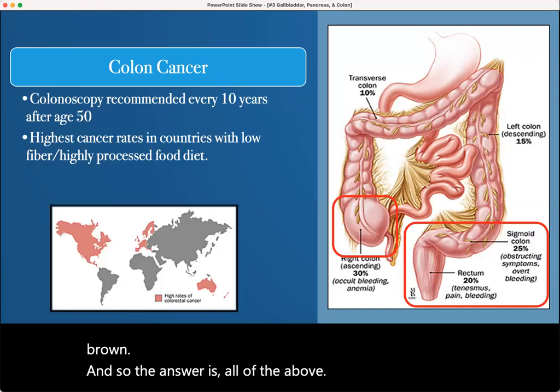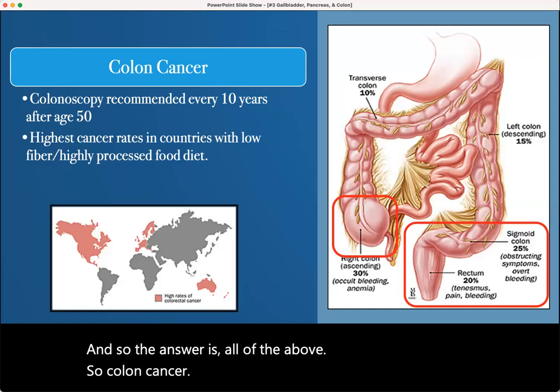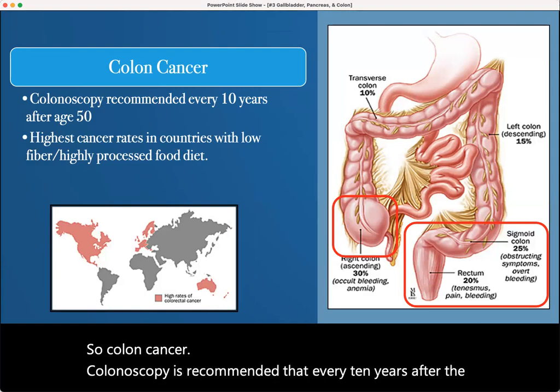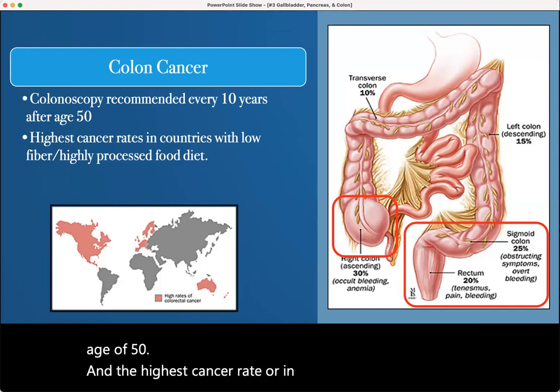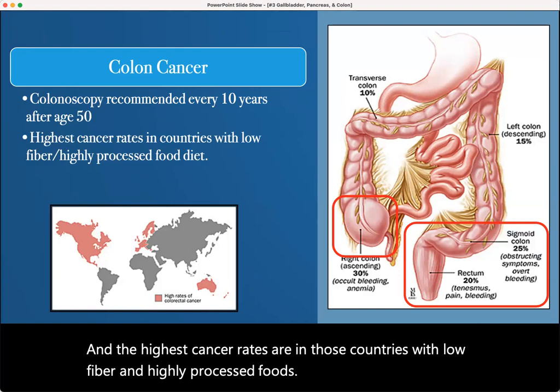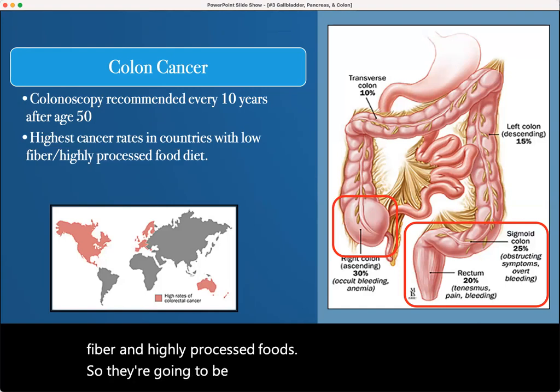So colon cancer, colonoscopy is recommended about every 10 years after the age of 50. And the highest cancer rates are in those countries with low fiber and highly processed foods. So they're going to be more toxins. So notice these are the areas of the bowel that are highest in cancer rates.